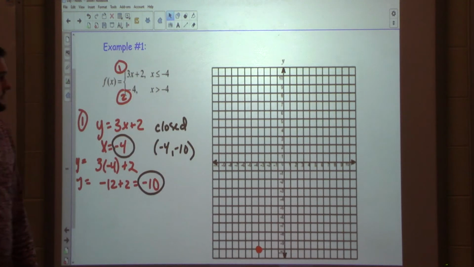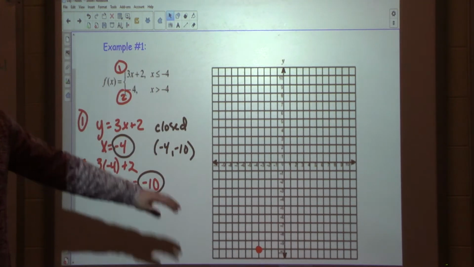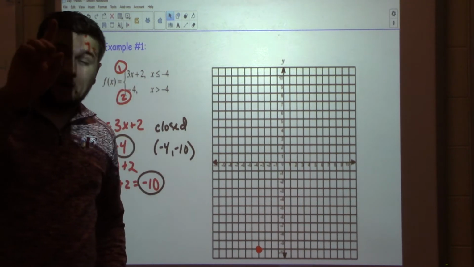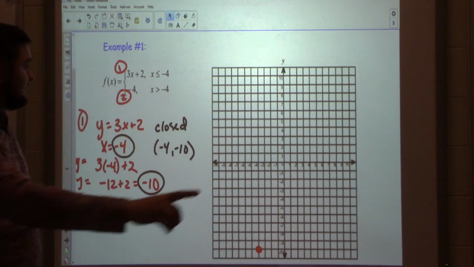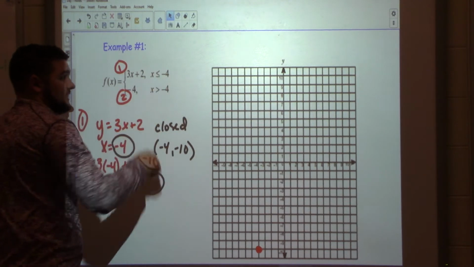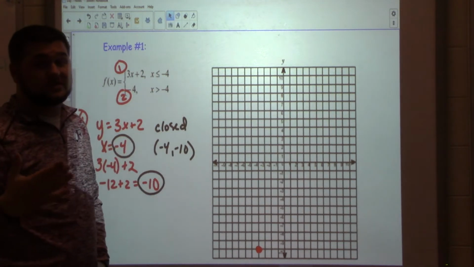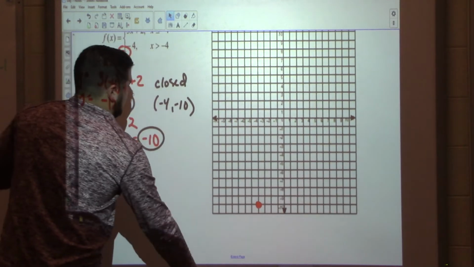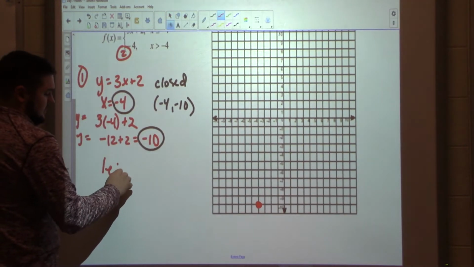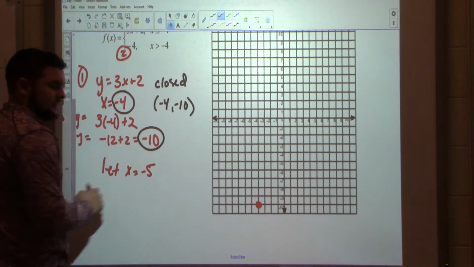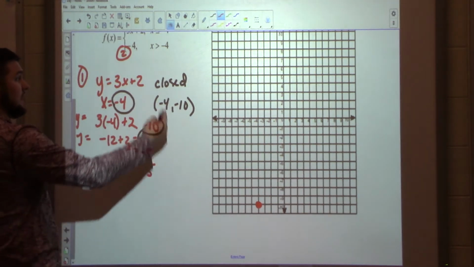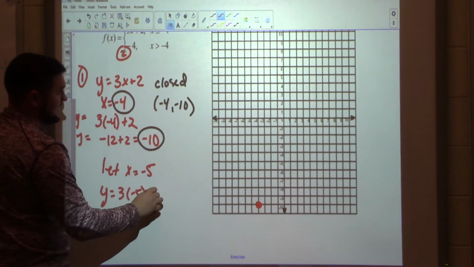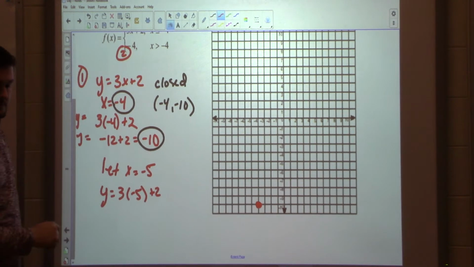Okay. Then I look at my criteria. It says less than or equal to -4. So I'm going to choose one other x value that fits that criteria. If it has to be less than or equal to -4, I'm just going to pick -5. So I'm going to let x equal -5 and plug that into my formula. y equals 3 times -5 plus 2.